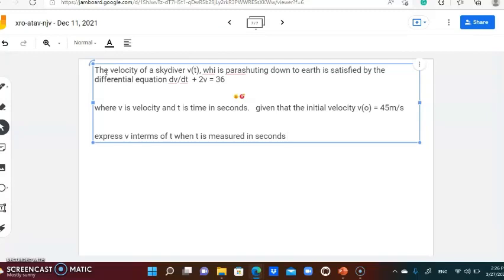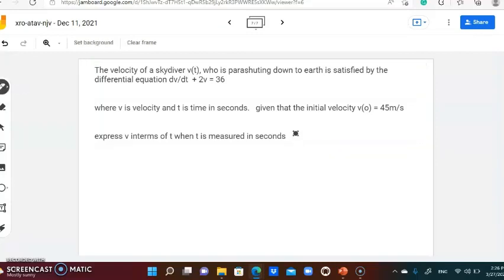So we're being asked to express v. Very good. The velocity of a skydiver, v of t, who is parachuting down to earth is satisfied by the differential equation dv/dt, and we know dv/dt here is acceleration.